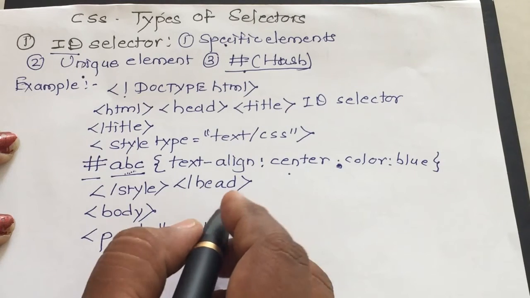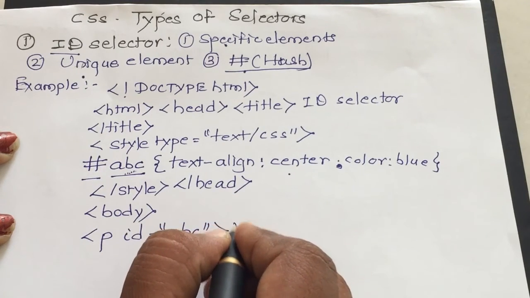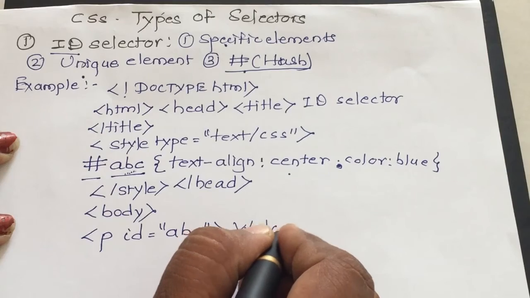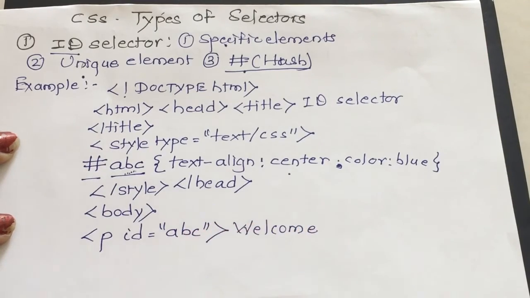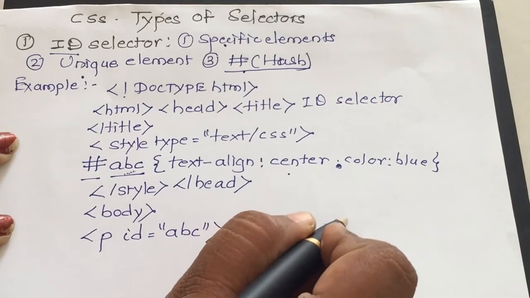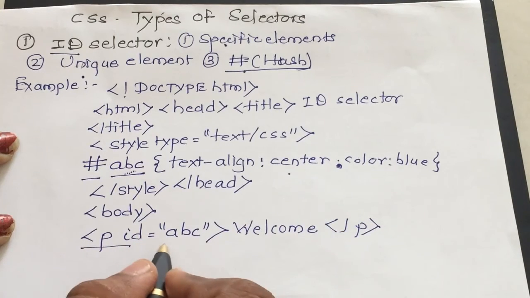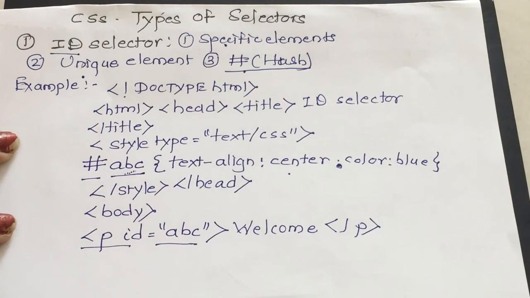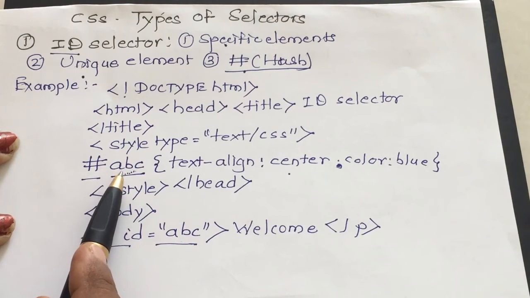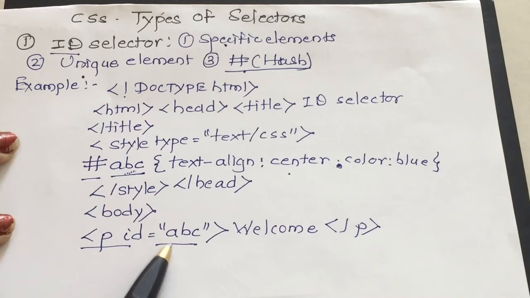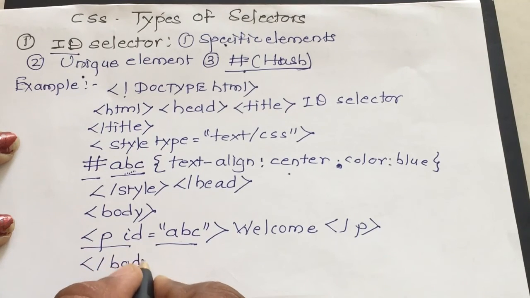Now whatever text you want to define, for example I want to write the welcome text, and then I will close it with slash P. So this tag is used to define your ID name. After this, close it with slash body and then close it with slash HTML.